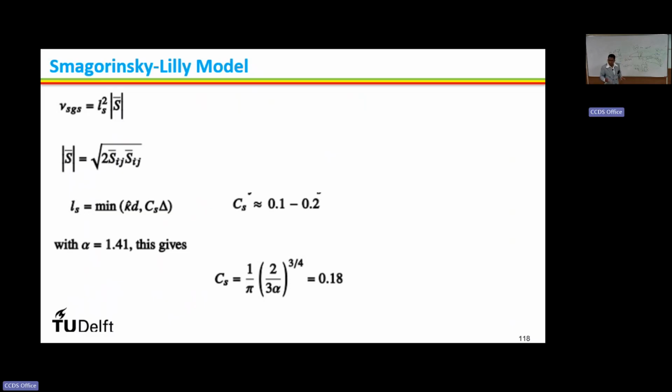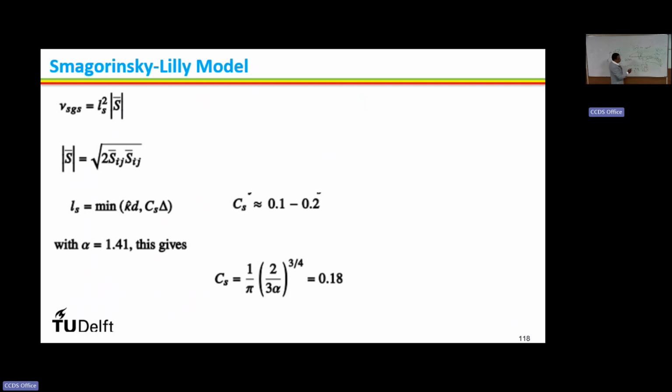The shortest distance between the cell center and the nearest wall. Which one is the shortest distance? D2. So my d equals D2. Clear? The shortest distance between the cell center and the nearest wall is called d. This is the shortest distance, and this is the longest distance.